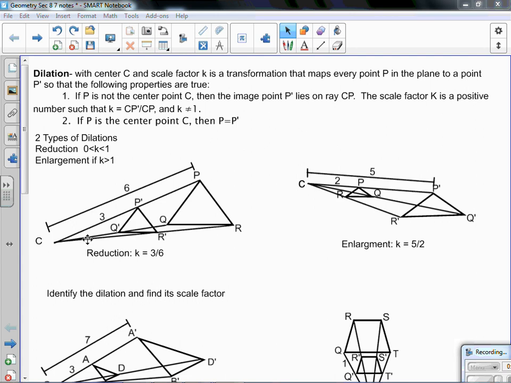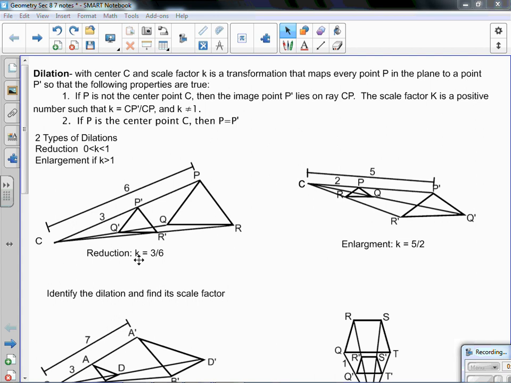So here's an example of a reduction, starting with our original points P, Q, and R, and our dilated points P prime, Q prime, R prime. So this is the original triangle. This is the dilation of that triangle, which should be kind of clear to see: you're starting with a big triangle, and the new triangle is a smaller triangle, so that's a reduction.